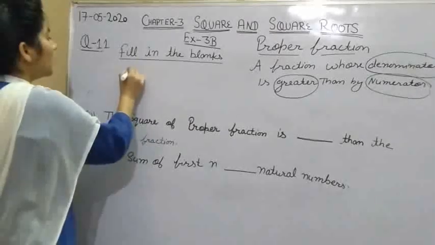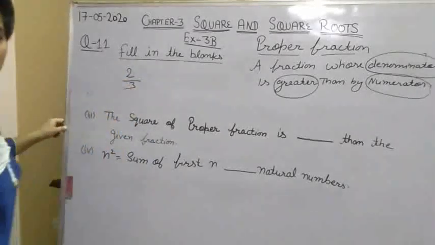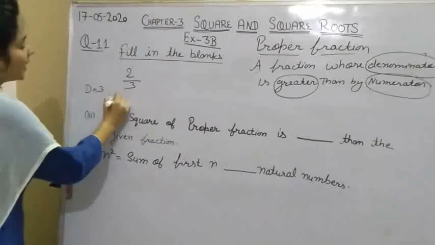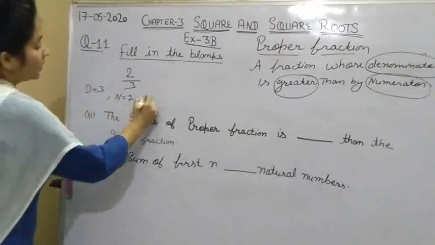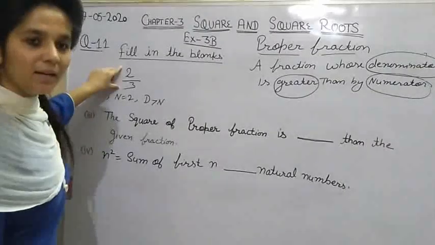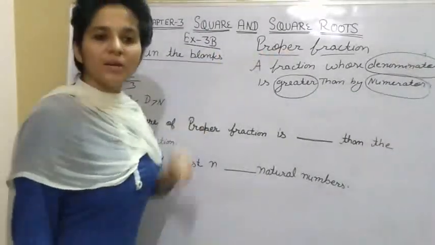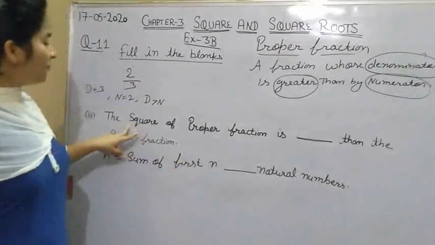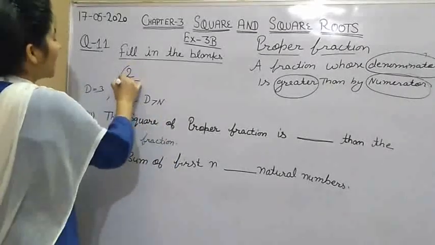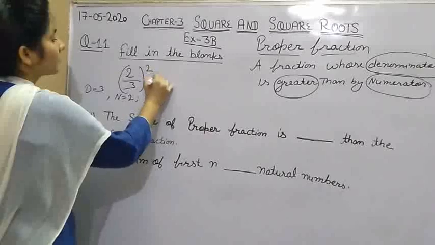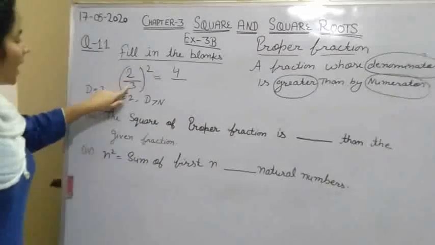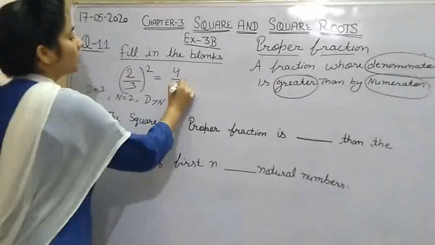Let's take an example, 2 by 3. Denominator is 3 and the numerator is 2. Denominator is greater than numerator, so 2 by 3 is a proper fraction. Your fill-up is the square of a proper fraction. Now you will take its square. 2 square means 4 and 3 square means 9.